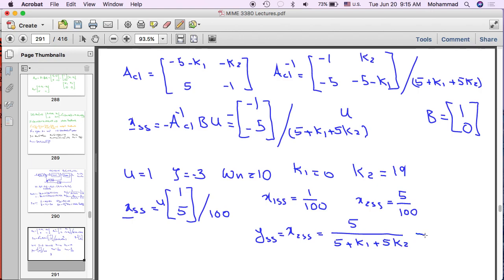So it's not equal to R, which we chose to be 1. So we have a problem. Our controller is doing better than output feedback only, but it's not able to deliver zero steady state error. It's not able to make y equal to r, the output equal to the reference input, in steady state.